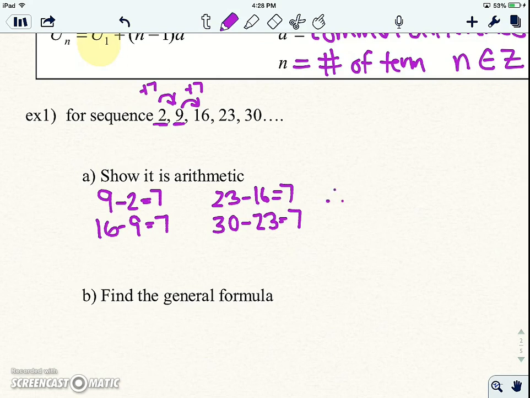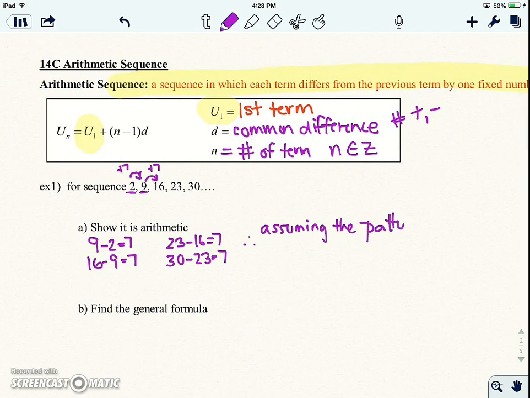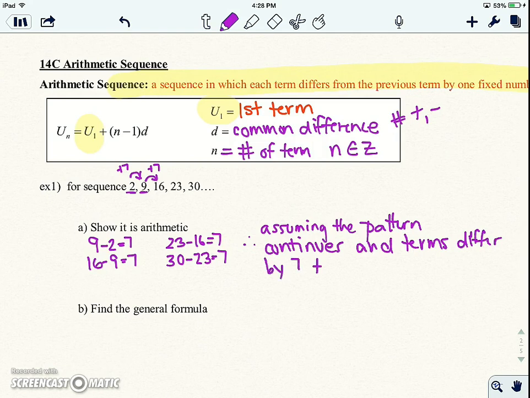Therefore, assuming the pattern continues, and terms differ by 7, then it is arithmetic with u of 1 equaling 2 and d equaling 7.